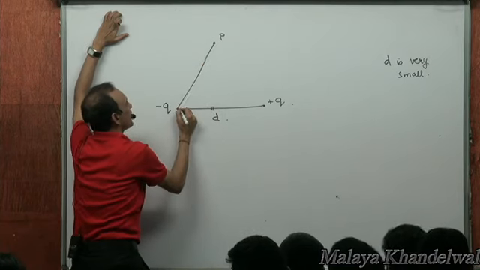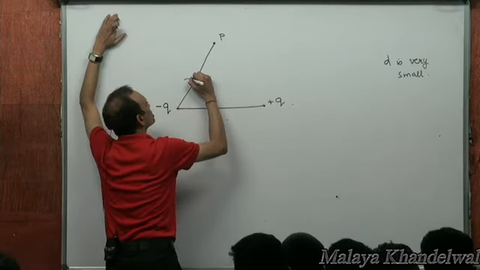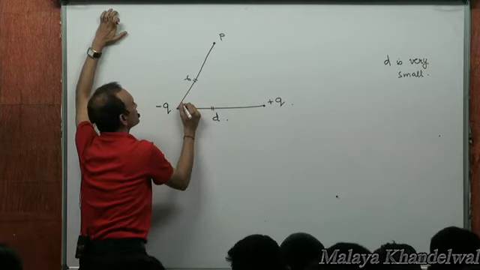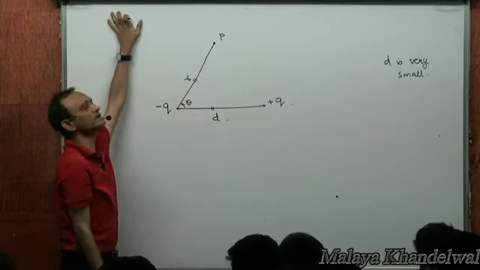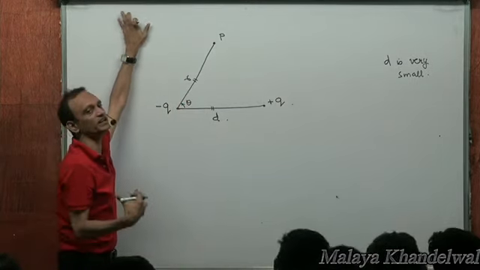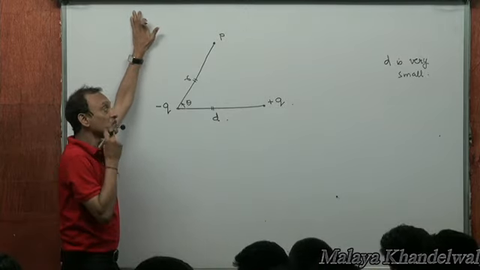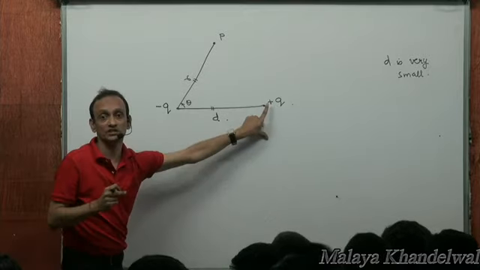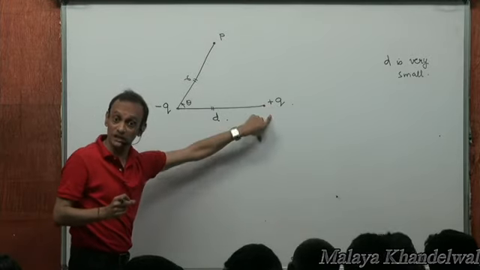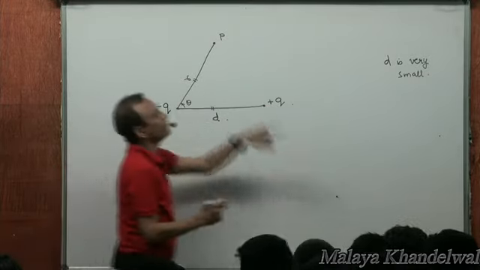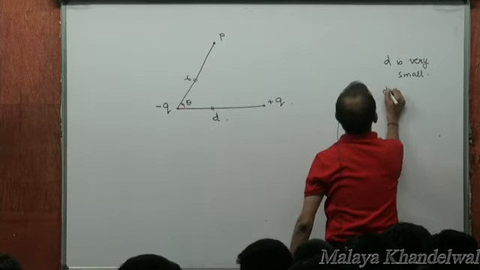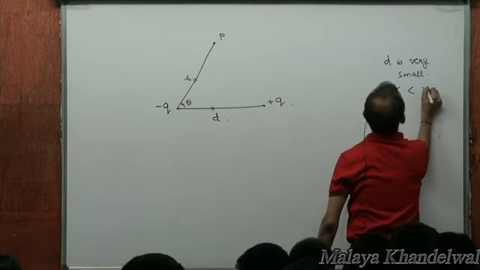let me look at the negative charge from the perspective of the negative charge. This is r and theta. This r and theta combination will determine all points in the surroundings. But we will look at the electrical effect of this pair only for points where d is much smaller compared to r.